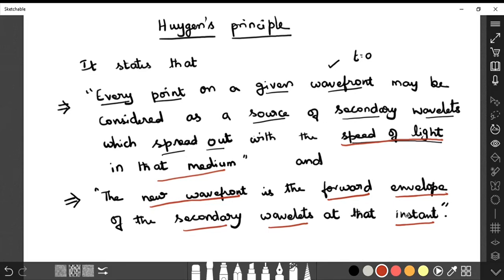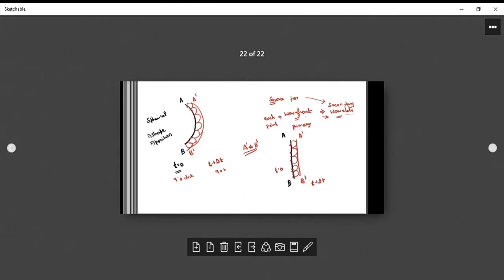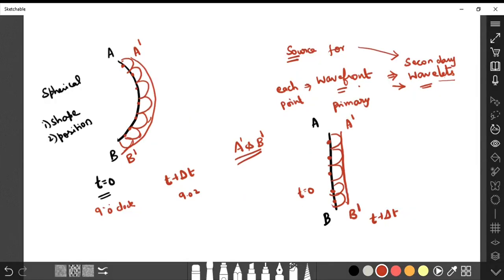Now, how can the radius be calculated? That is very simple. The general formula is speed equals distance by time. Here speed is nothing but velocity, the velocity of light.